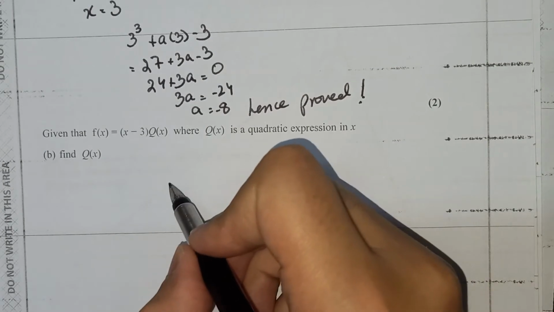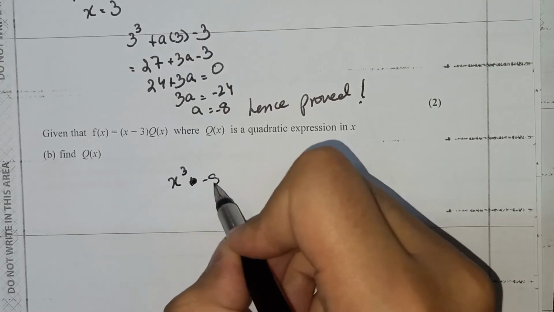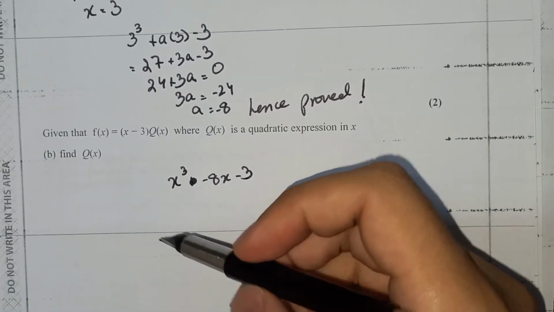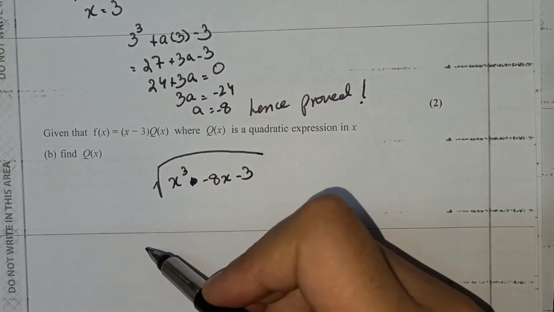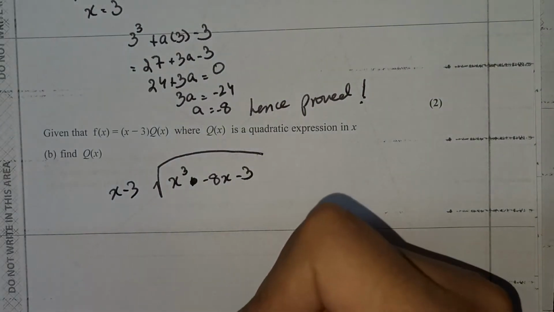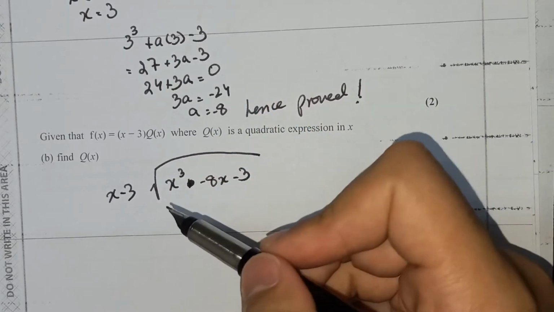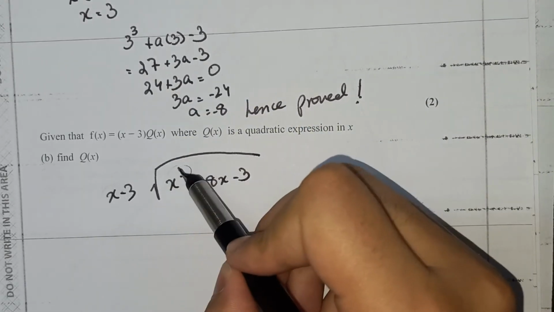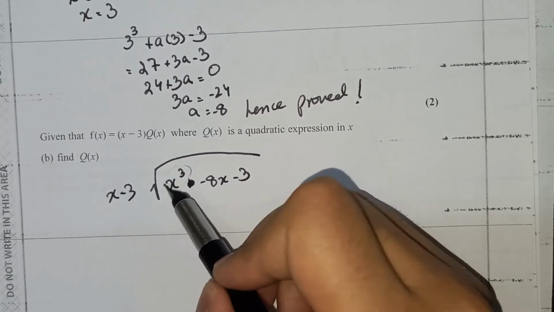So first we will write the equation x cubed minus 8x minus 3, and now we have to divide this equation with our known factor, which is x minus 3. So now how do we do this? First, the main thing we need to do is keep these two the same.